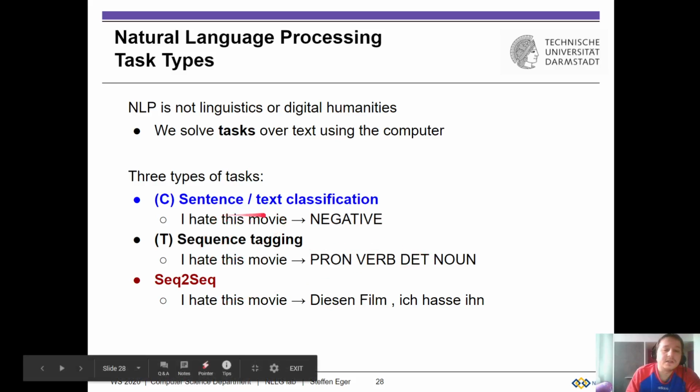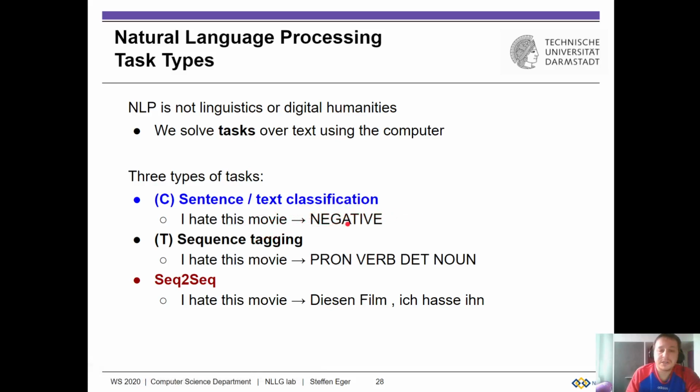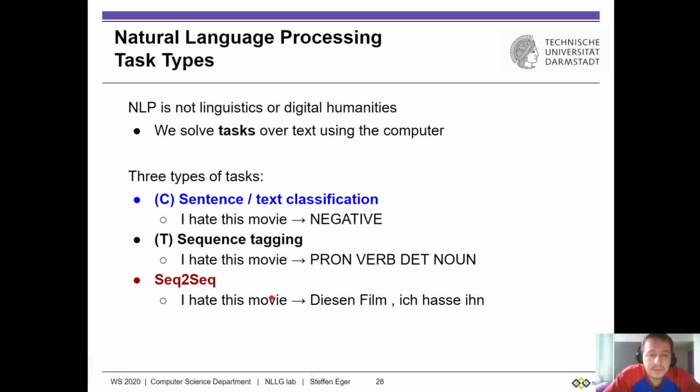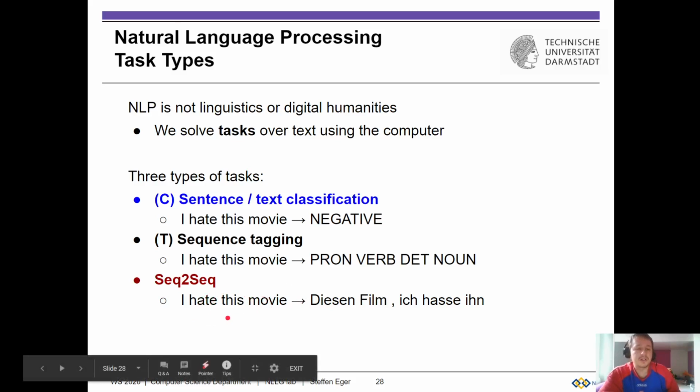And in classification, we don't have such a relationship in the first place. But in machine translation and sequence-to-sequence modeling in general, the order of the elements of the input does not need to relate to the order of the elements in the output. And this makes this problem the most difficult and the most challenging one.